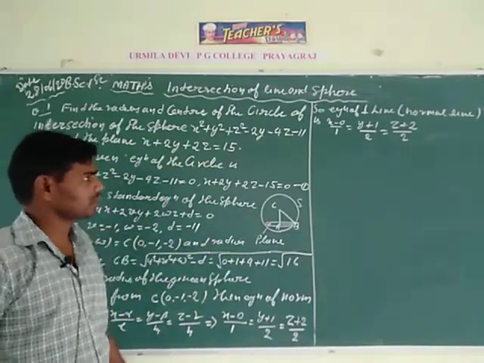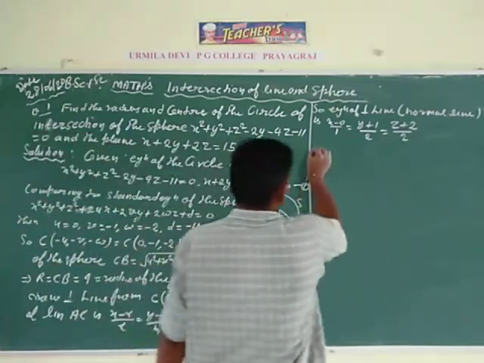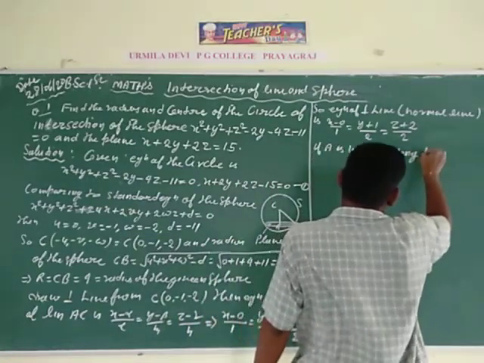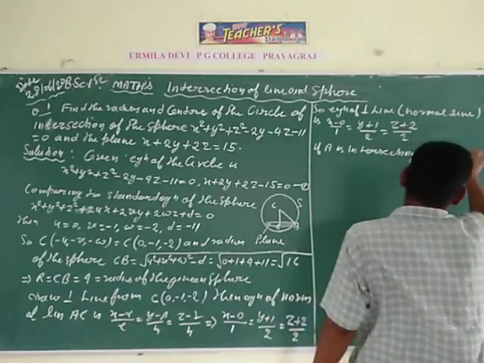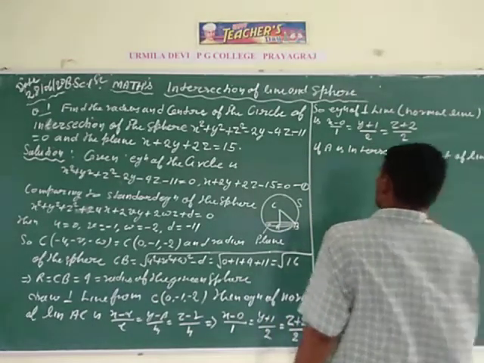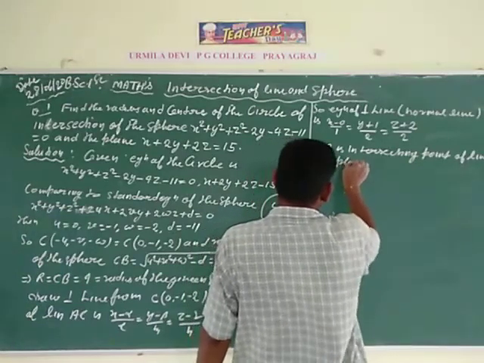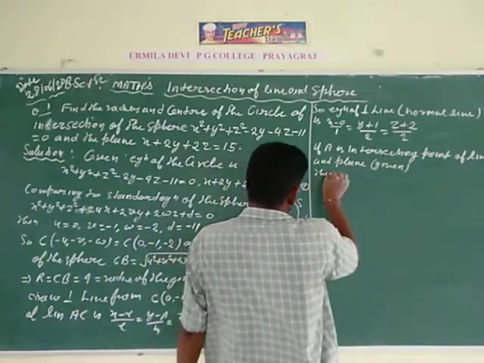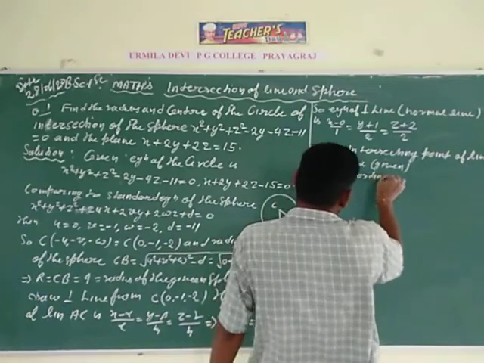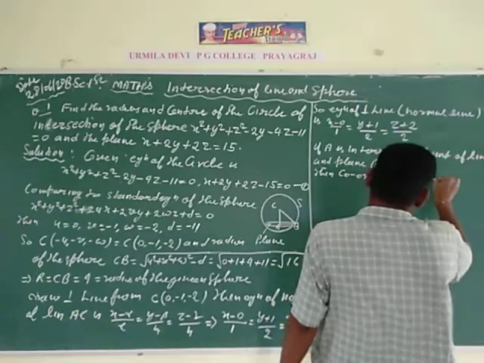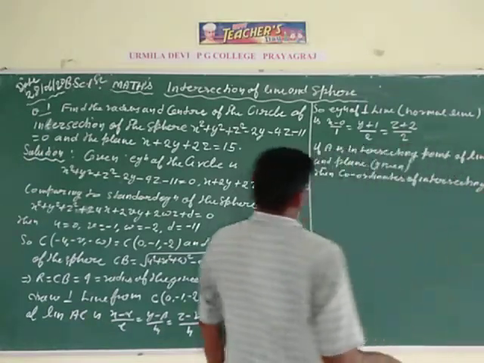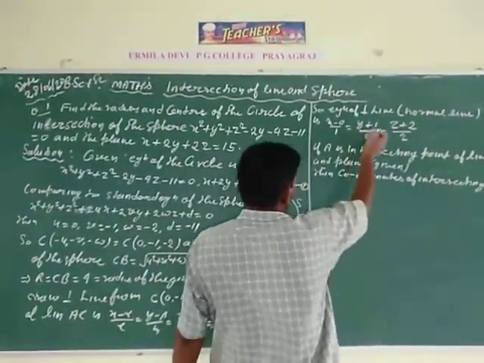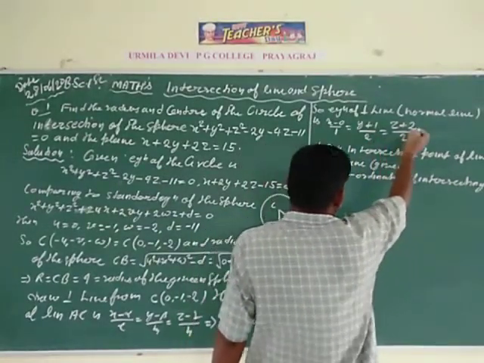After this, taking a point on this straight line, meaning the normal line. So if capital A is the intersecting point of the normal line and the intersecting plane, meaning the given plane, then you can write the coordinates of the intersecting point capital A from the equation x minus 0 by 1, y plus 1 by 2, and z plus 2 by 2.